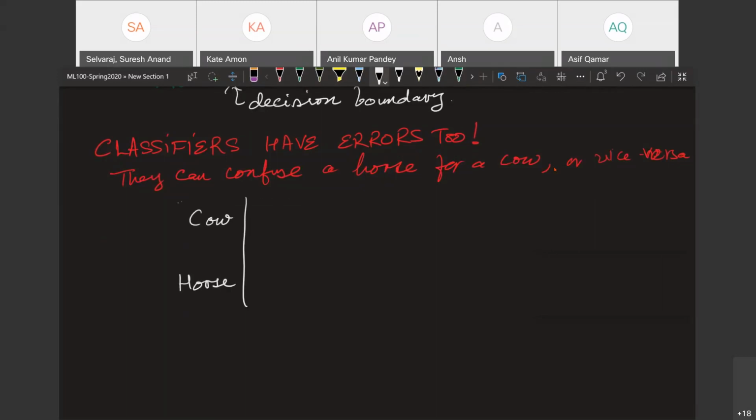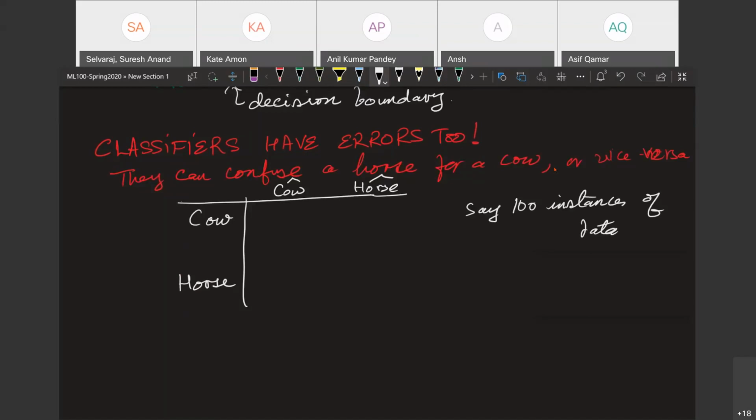Once the classifier has learned it, now remember, I'm putting hats on predictions. So what can happen? A good thing could be a cow marked as a cow. Let's say that we have 100 instances of data.